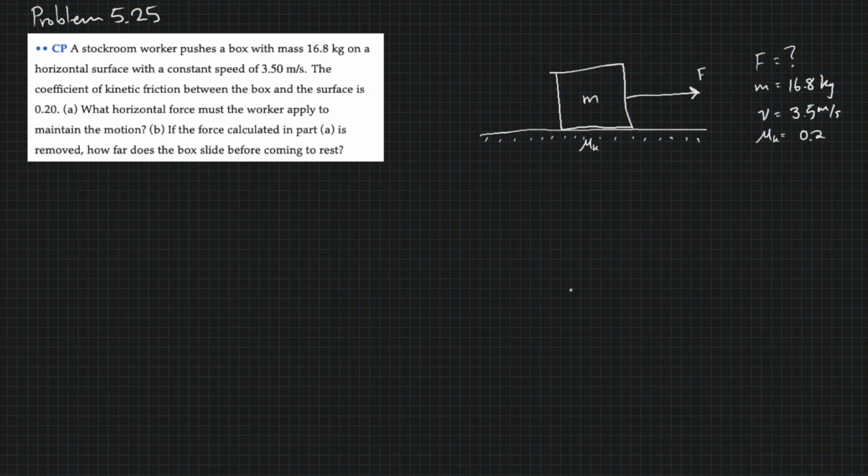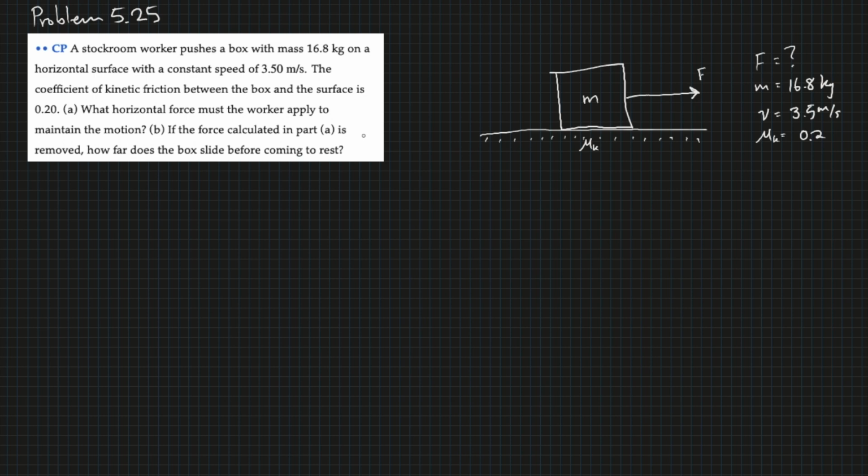All right, next problem. Problem 5.25. I'll read it out real quick and sort of think about how you'd approach this while I'm reading it, but I'll go through my thought process for this problem shortly. So this problem says that we have a worker who's pushing a box with a mass of 16.8 kilograms on a horizontal surface with a constant speed of 3.5 meters per second.